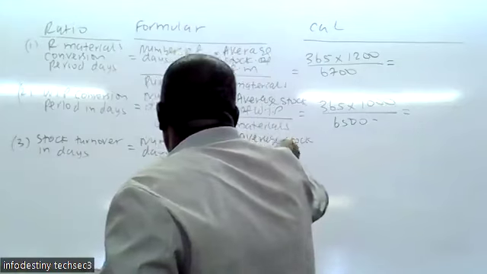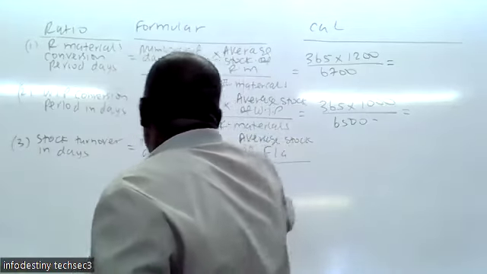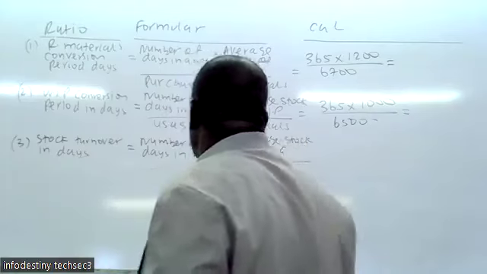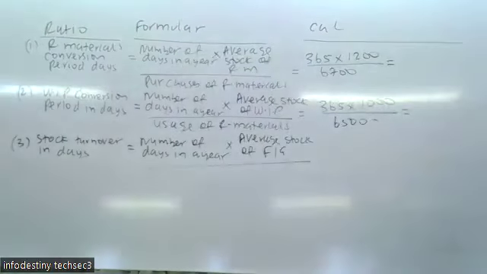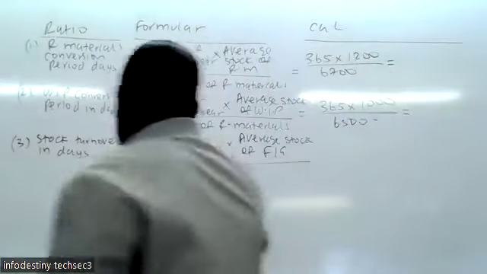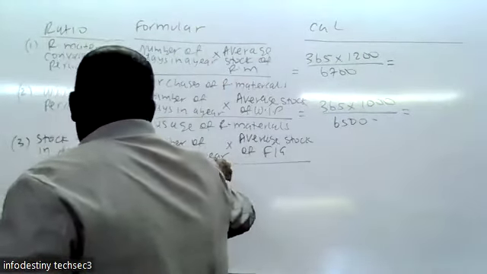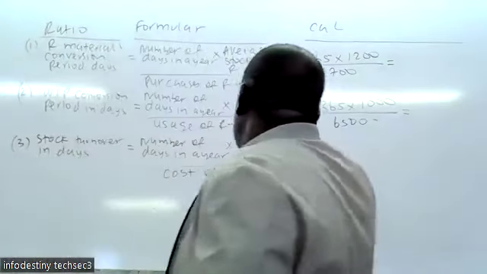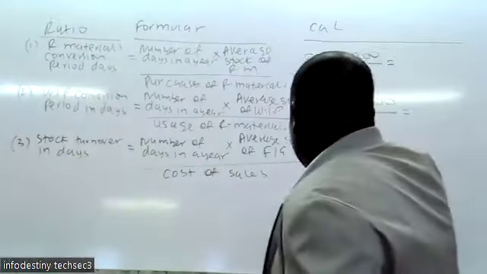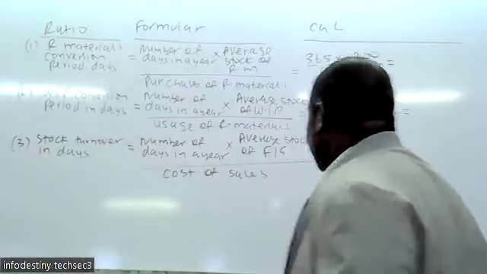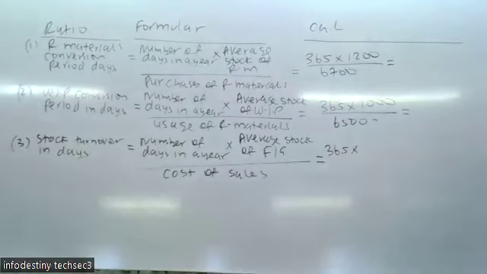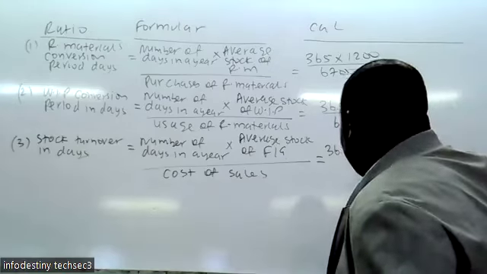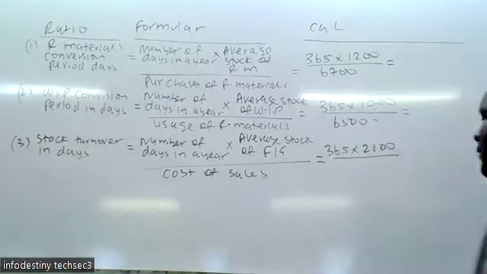Then you divide by the cost of sales. So that will be 365 days in a year, multiplied by average stock of the finished goods. So everyone has that. So what did I give you as the cost of sales?